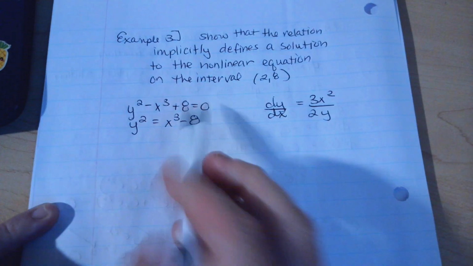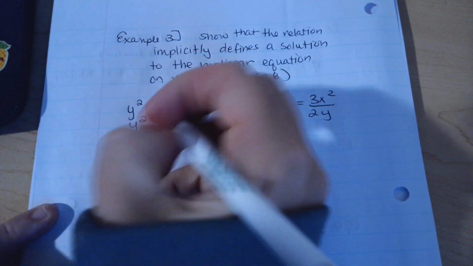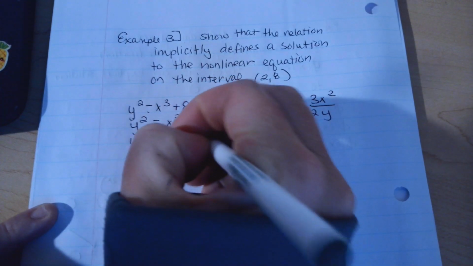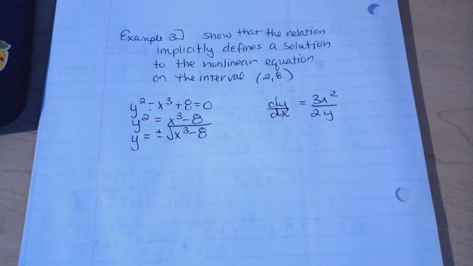Of course, I just added, subtracted, and then y is going to be plus or minus the square root of x cubed minus 8.